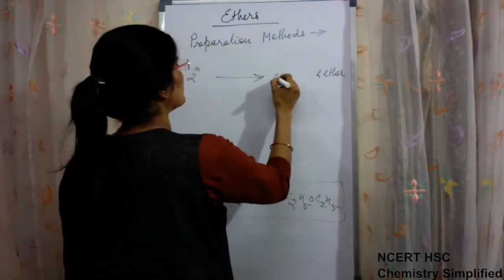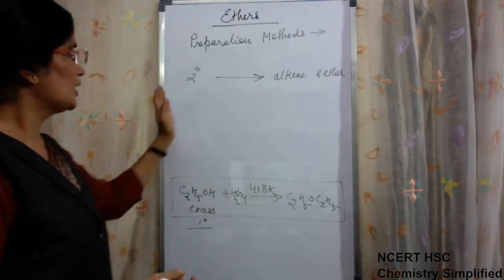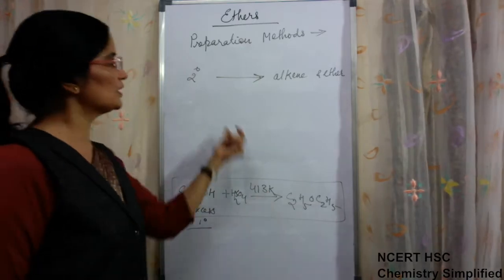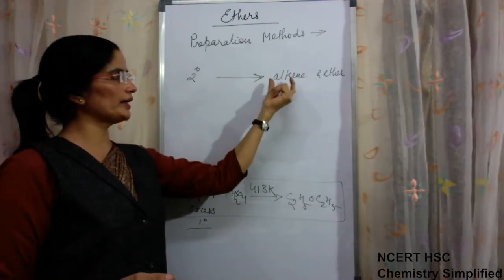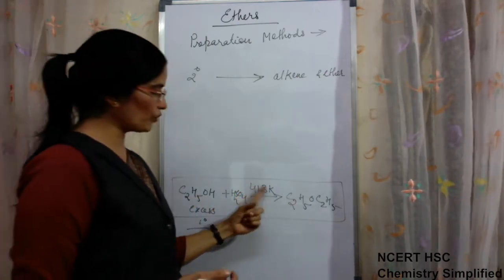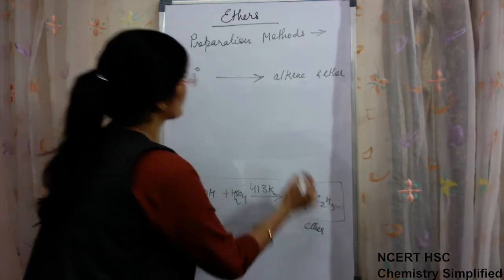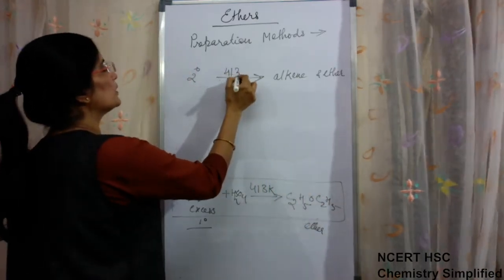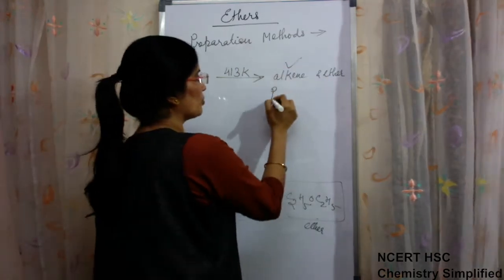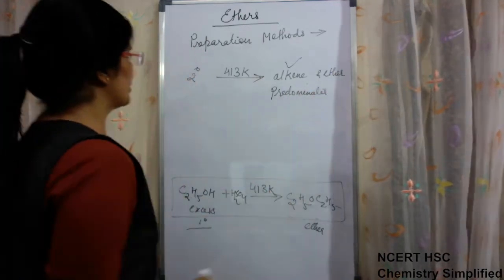Better to write alkene, because if any other carbon atom is there, the alkene will be different. If 2 degree alcohol is used in the same reaction at 413 Kelvin, then a mixture of the two will be obtained, some part alkene, some part ether. In 1 degree at 413, the product obtained was ether alone. But when 2 degree and 413 Kelvin temperature is there, a mixture of the two is obtained, and alkene predominates. This will be more as compared to ether.